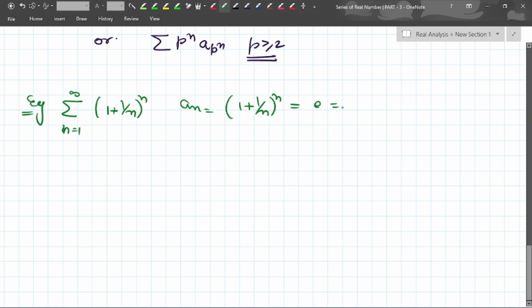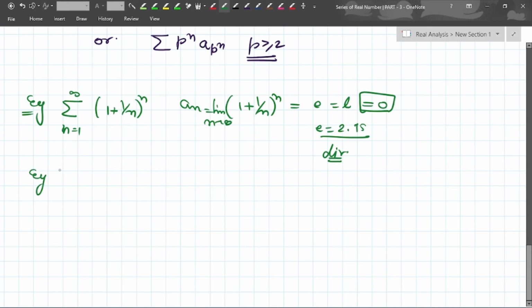So what is the value of e? It is 2.7 something, which is greater than 1. Applying the limit n tending to infinity, it is e. So by the necessary condition, it is not going to be zero, so we can't say it converges and it is going to be divergent.